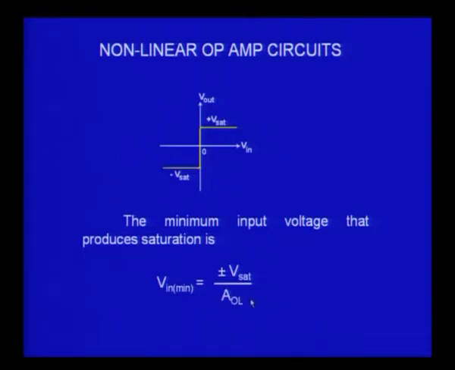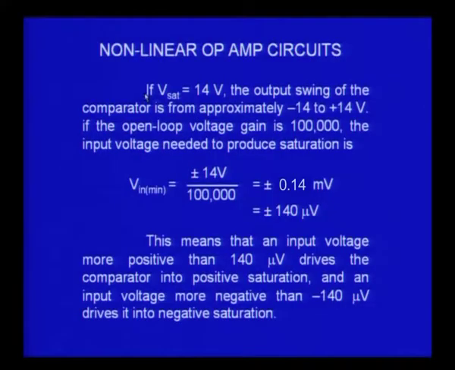The open loop gain is about 100,000, 10 power 5. V saturation can be the power supply voltage, plus or minus 15 volts or 10 volts as the case may be, and divided by this number it will become a very, very small voltage. So I have taken a typical example to show it to you.